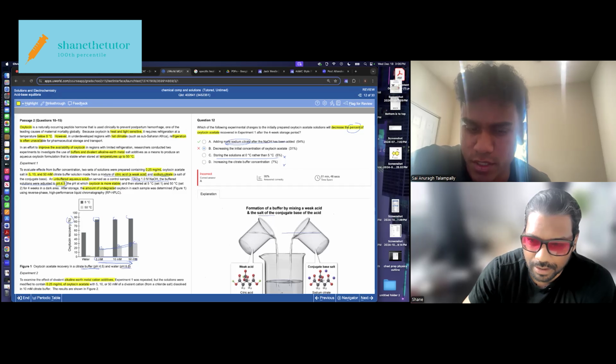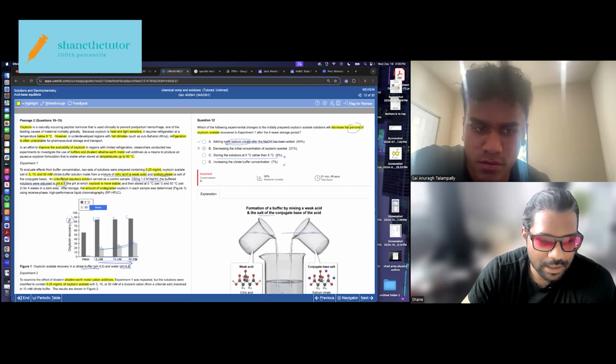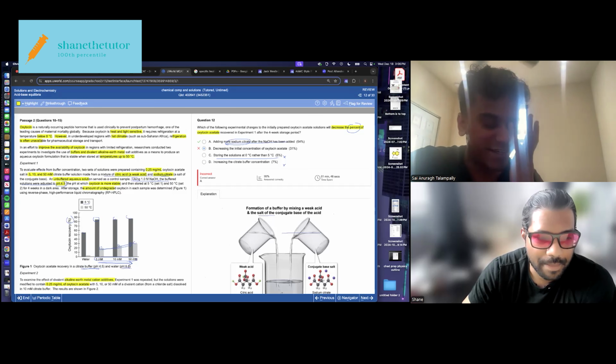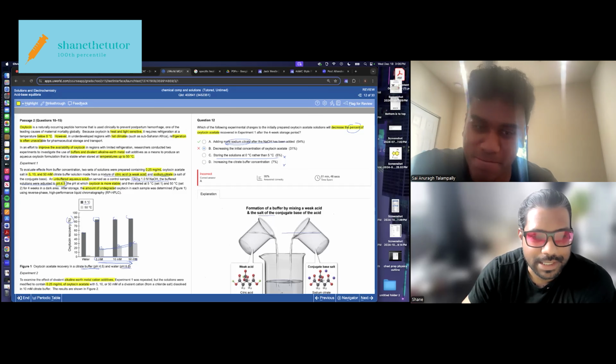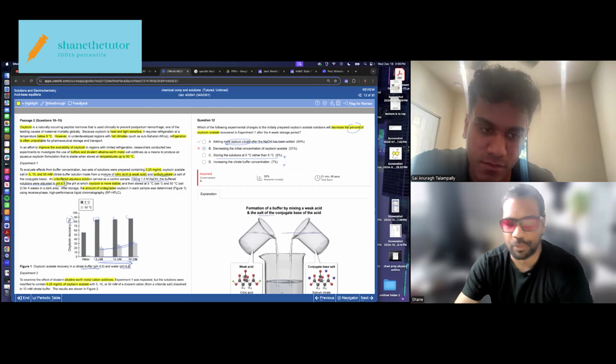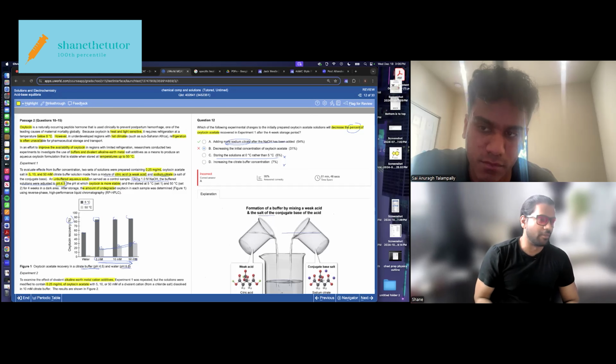Inverse? Like at 5C, we have all these black bars, which are much higher. Oh, okay, sorry, I was stuck on the buffers. So it seems like there's an inverse proportion between oxytocin recovery and temperature, right?